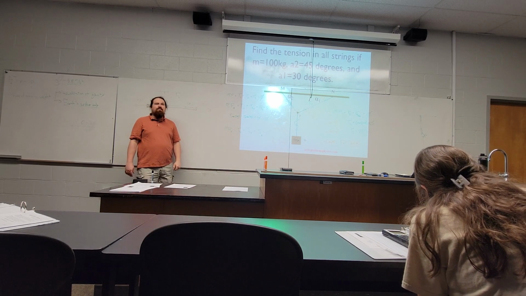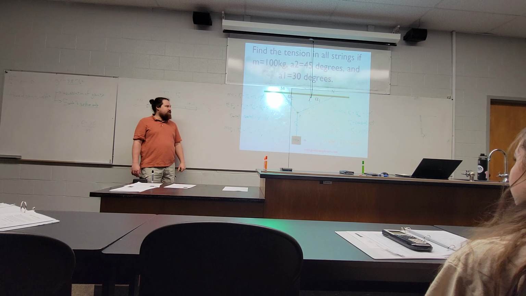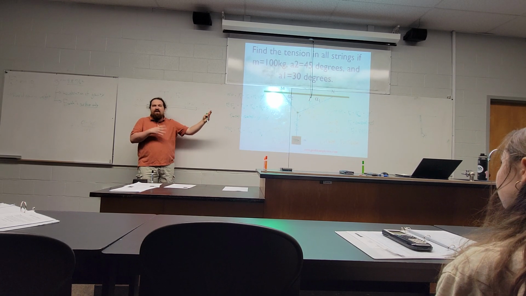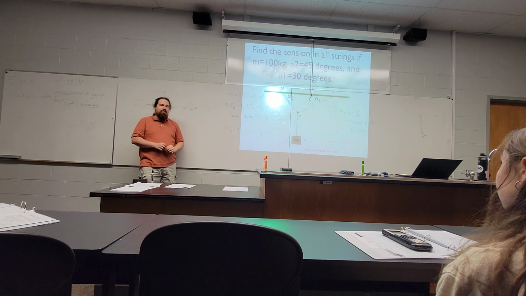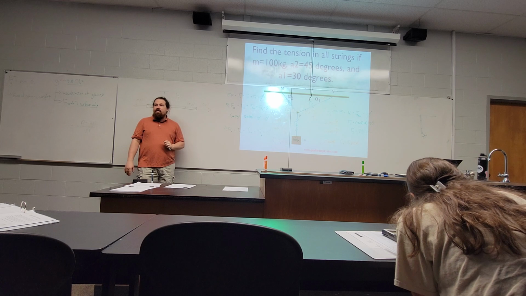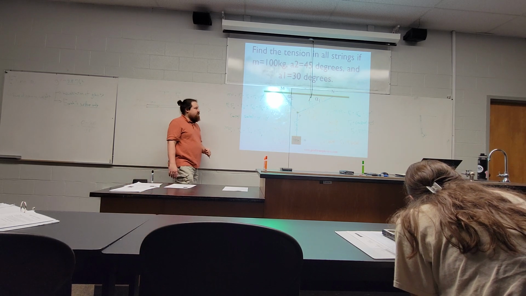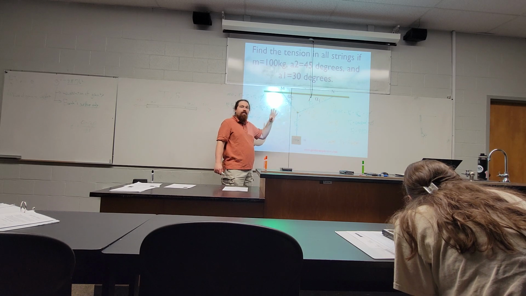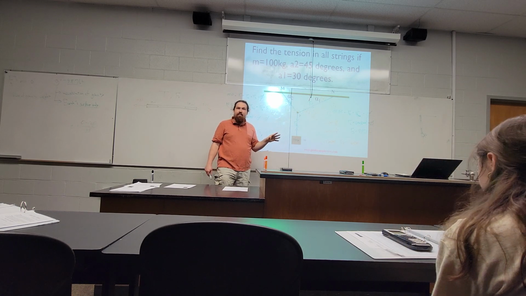It doesn't technically matter which one, because ultimately, to solve this one, we're gonna have to send one of them to the other side anyway, and the negative would just cancel out. But one of them has to be made negative because they oppose each other. You can define T2x as the positive one if you wanted to, as long as one of them is negative, setting this up.